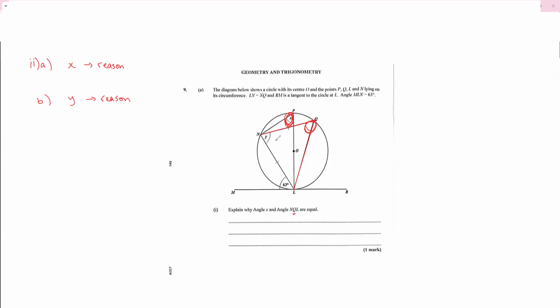So one time you have to check back what rule showed us that angles at the circumference are equal, because both of these are at the circumference. And if you look at it, they are both sitting on the same chord.